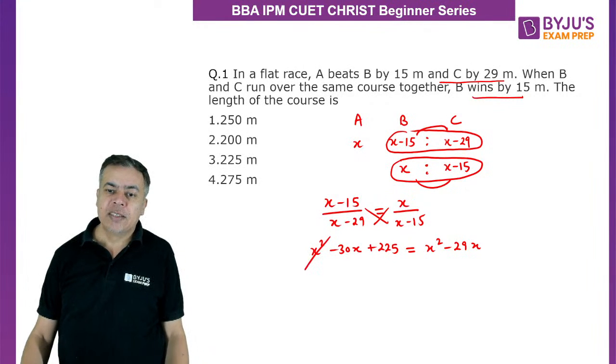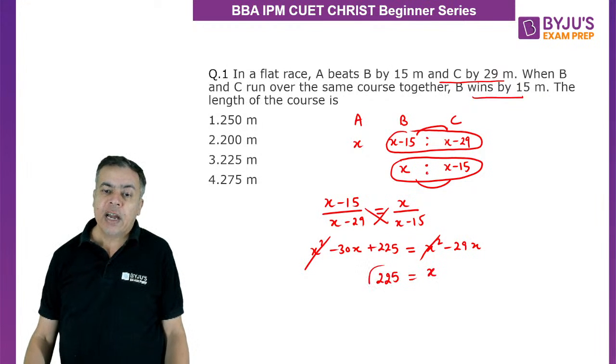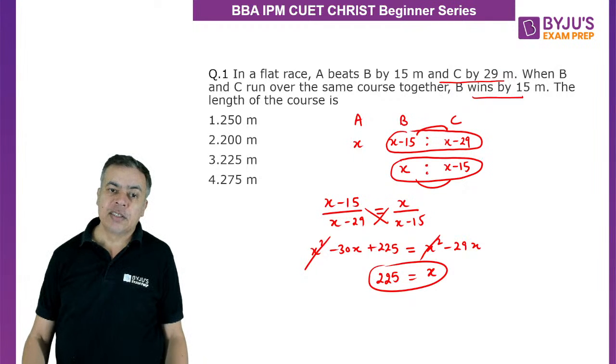Now x square cancelled and 30x comes on the right side, so it will become x equal to 225. x I have taken as the length of the race, so 225 meters should be the answer.